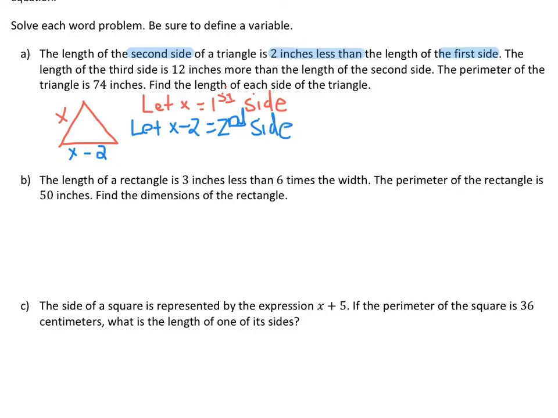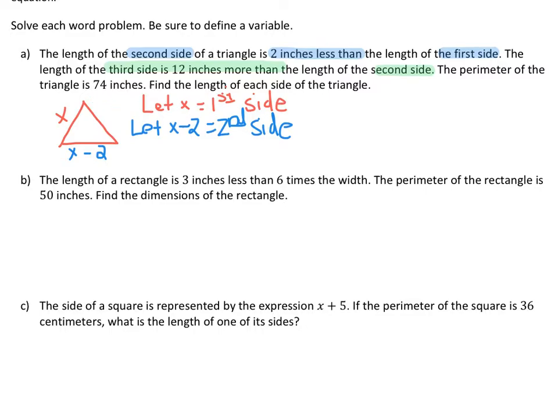And we know the length of the third side is 12 inches more than the second side. Well, the second side, remember, is x minus 2. So if we have 12 inches more than that, it's really our x minus 2. That didn't work out. Let's try that again.